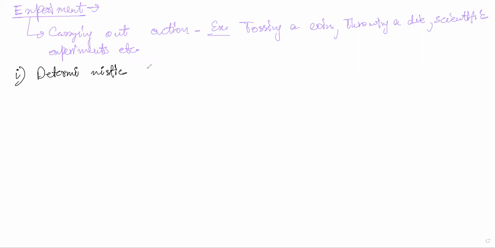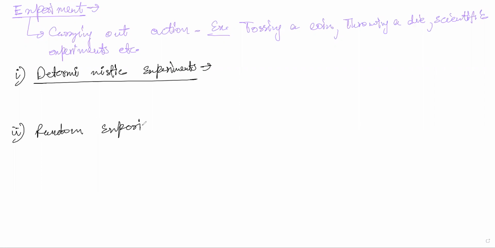And second is random experiments. This is the main focus of experiment in probability. The experiment must be random. We'll understand what is a random experiment and what is a deterministic experiment.